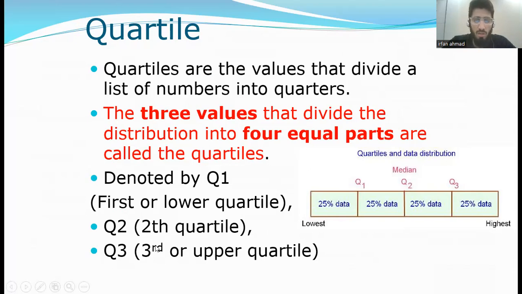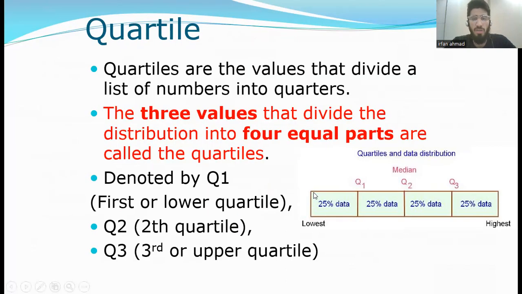Along with quartiles, we also use the term percentile. Q1 is called the 25th percentile, because below that value 25% of the data exist. Q2 is the 50th percentile, because below that value 50% of the data exist. And Q3 is the 75th percentile, because below this value 75% of the data exist.